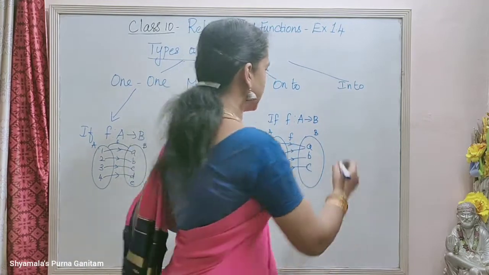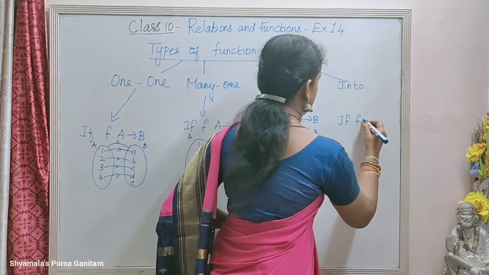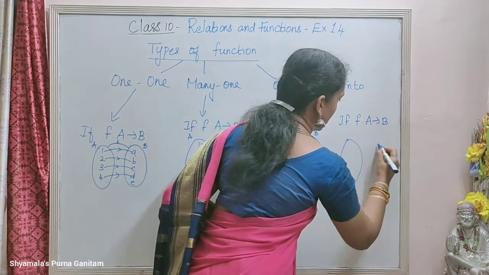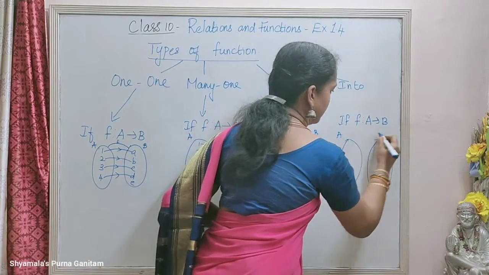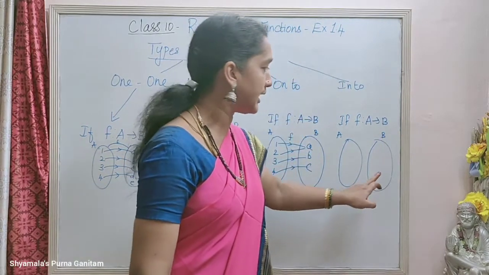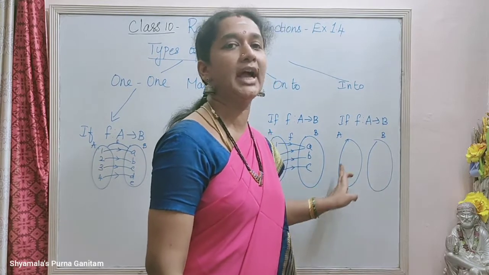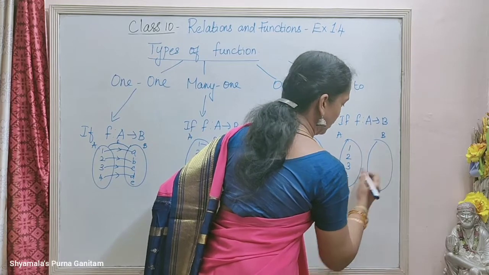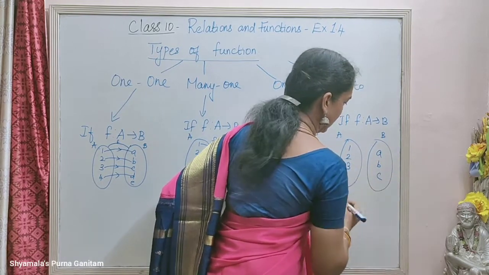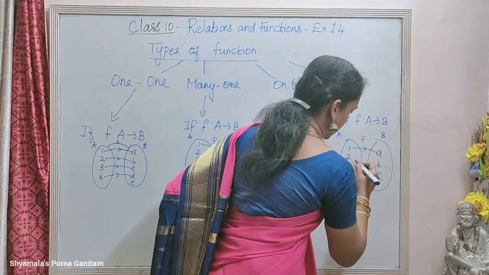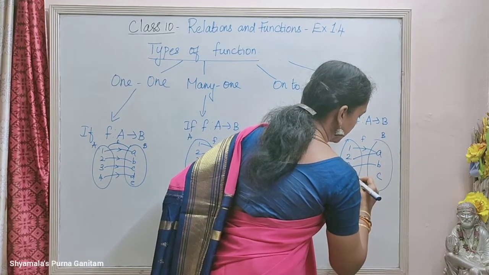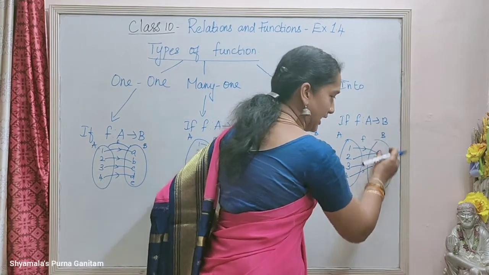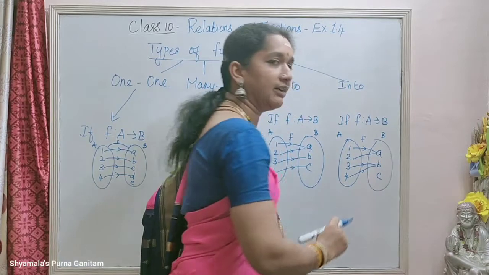Then into: if f is a function from A to B, when you have 2 sets A and B, there should be at least one element in B that does not have an image from A. That is 1, 2, 3, 4 in A and A, B, C in B. When it is connected with a function, there should be at least one element in B that does not have any image.